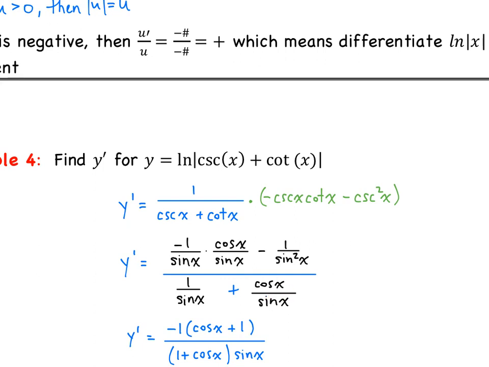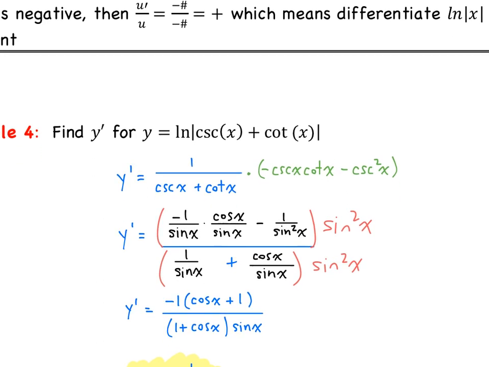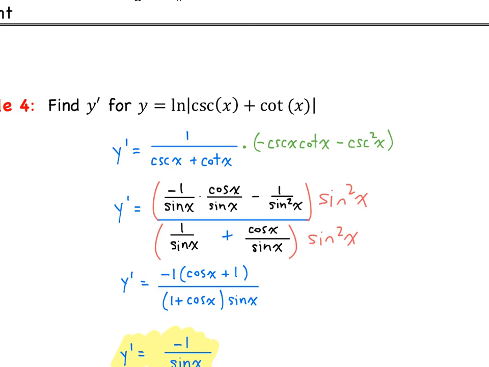So what we can do is, if we multiply both the numerator and the denominator by sine squared of x, what we should notice is we will be left with negative 1. I pulled a negative 1 out, okay? But we'll be left with just cosine of x minus, or it's going to turn into a plus 1 because I take out the negative, all right?